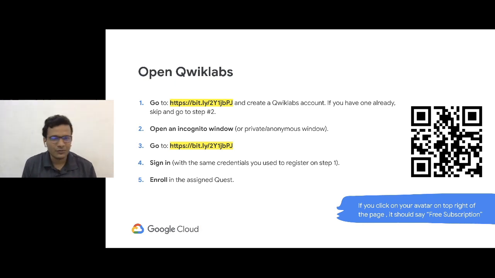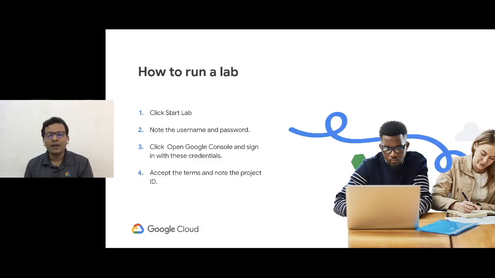If you already have one, simply go there, log in, and find the lab which we are going to execute, which in this case is about BigQuery and dashboarding, and then we are ready to get started. How are we ready to get started? By opening the lab, copying the username and password, and logging in with those details in an incognito window. So we have to open Google Cloud Console and log in with the incognito window.